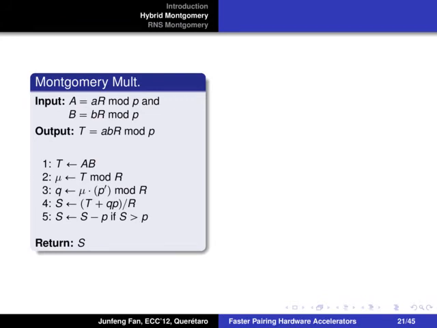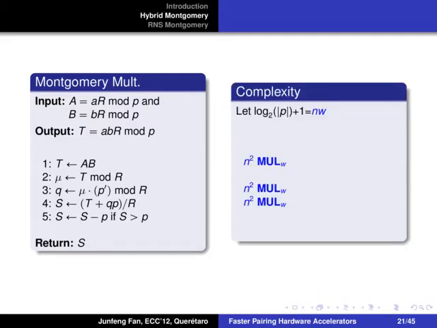So let's look at this Montgomery multiplication. It has been explained by Francesco on the first day. Basically, you have three big operations here. A and B are long integers, for example 256 bits in this case. You have this multiplication, you have another multiplication here, and you have the third multiplication there. Okay. So if you look at the complexity, it's something like this.